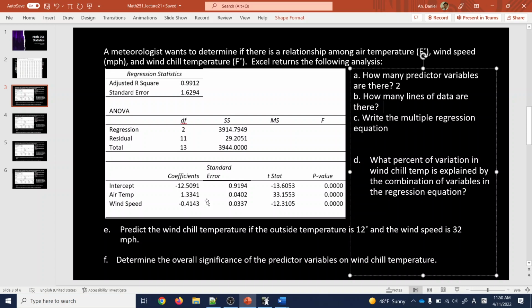So instead, you have to use the degrees of freedom. As you can see, the degrees of freedom of the regression is the number of predictor variables. Does anyone know how to get the residual degrees of freedom? What's the formula?